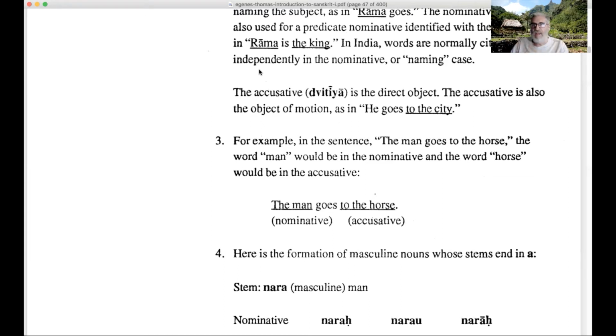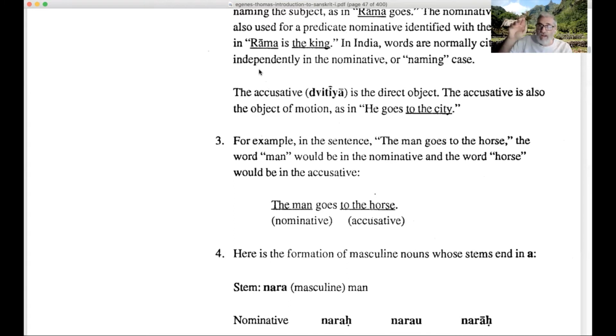What is the accusative case used for? Think of accusing, right? If I accuse, I have to accuse somebody. Somebody has to be the object of my accusation. Nominative, I name something. Accusative, I accuse something, or I have to have an object for my accusation.